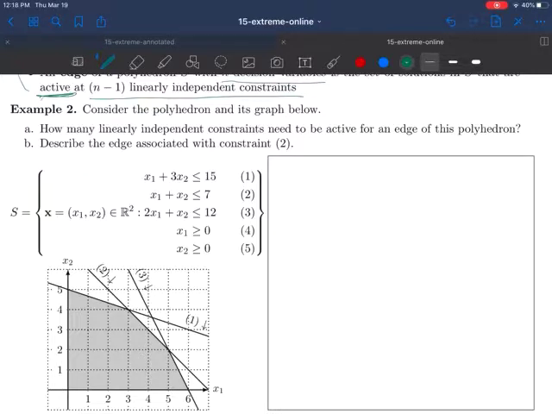Let's consider example 2. We have 5 constraints now, 2 non-negativities in constraints 4 and 5, and the other 3. Part A: how many linearly independent constraints need to be active for an edge of this polyhedron? Here n, the number of decision variables, is 2, so we need n minus 1, which is 1 constraint, to be active.